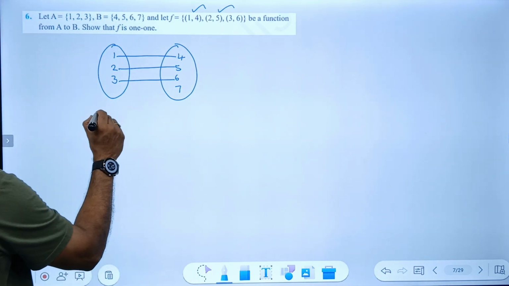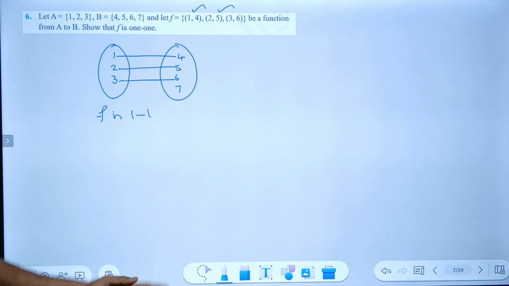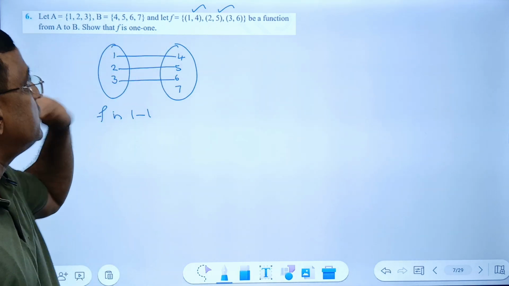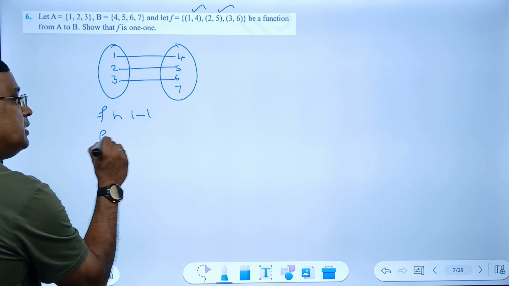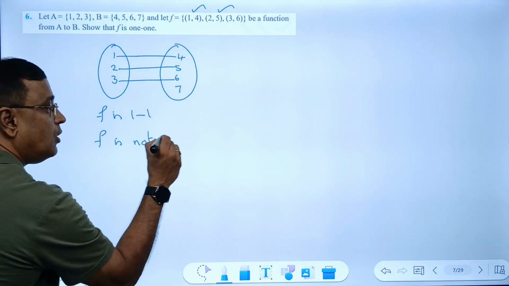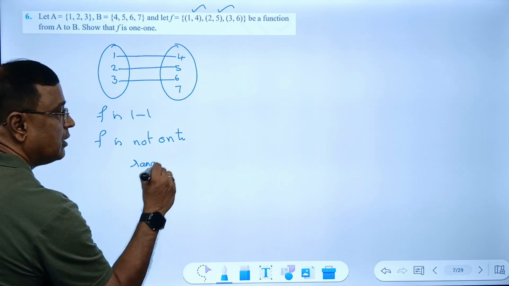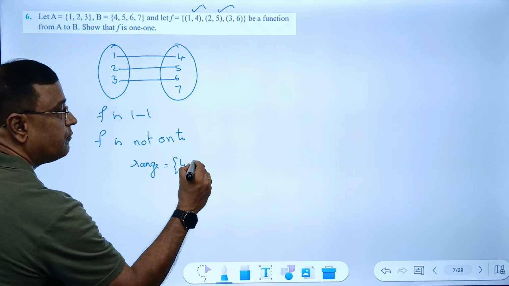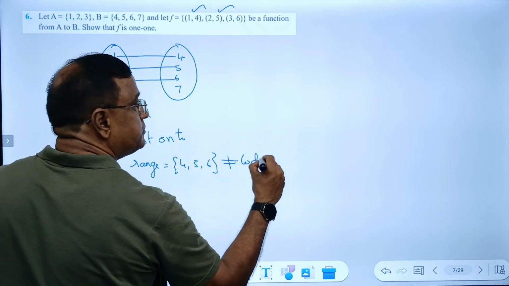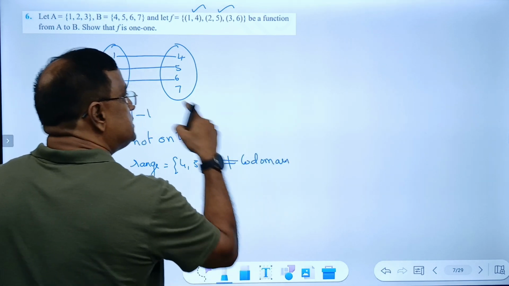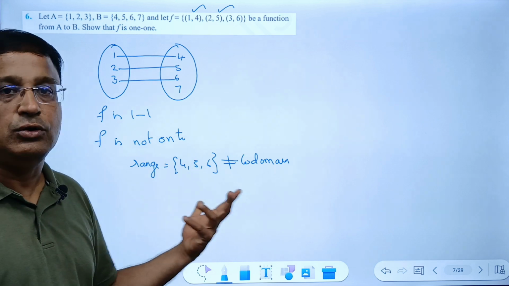Obviously, f is 1 to 1. There's no need to give any explanation because distinct elements go to distinct images. Therefore, this function is 1 to 1. Is it onto? F is not onto. My range is {4, 5, 6}, which is not equal to the codomain. Or you can say 7 doesn't have a pre-image. Since 7 doesn't have a pre-image, it can't be onto. Okay.